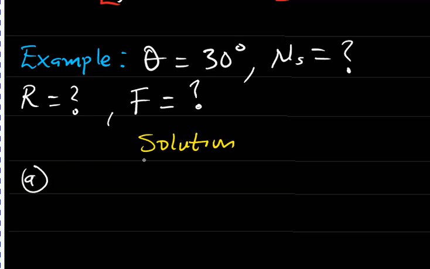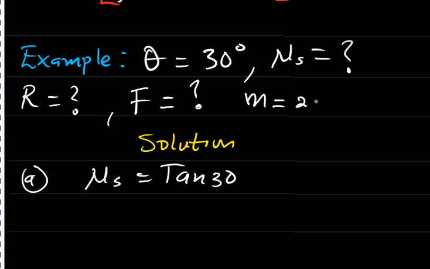A, the coefficient of static frictional force simply is tan 30, and let's say the mass on this plane is 2 kg. So mu s is tan 30. We can do that using the special angle triangle.